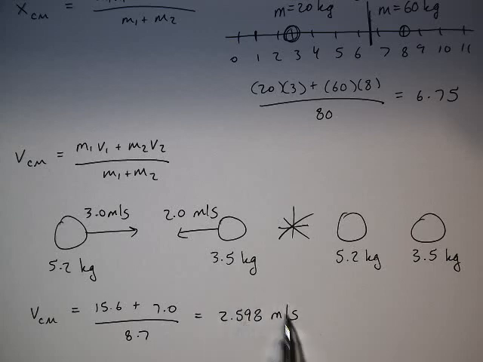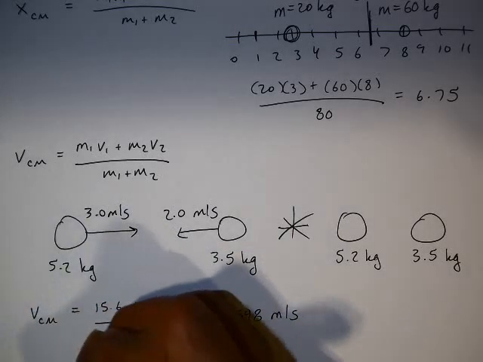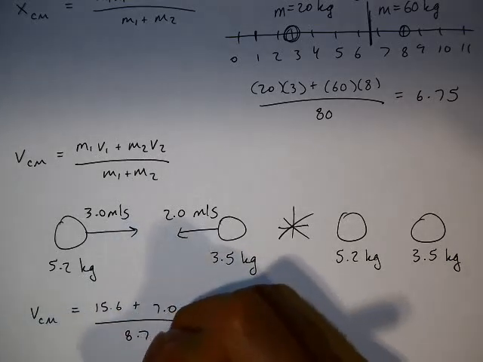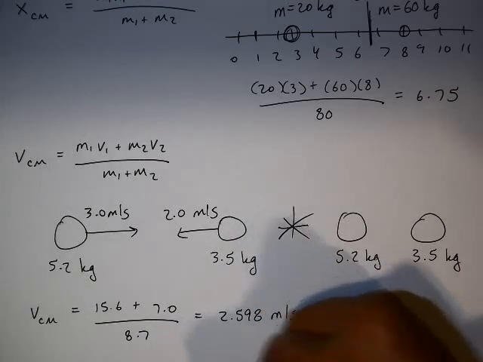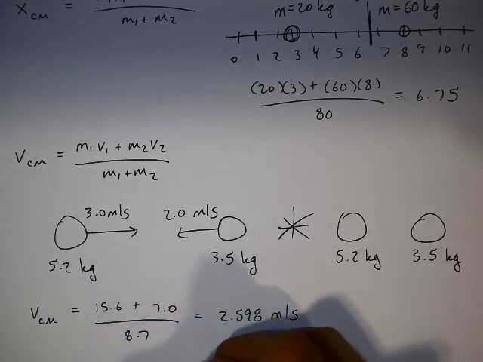We want to subtract this from both speeds. So for ball 1, it's going 3.0 meters per second. We subtract the 2.598 meters per second. And for ball number 2, it's going -2 meters per second.